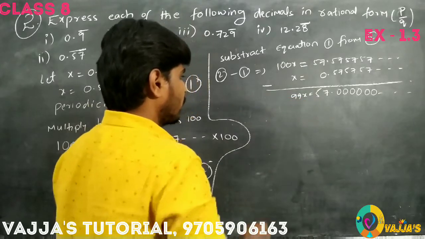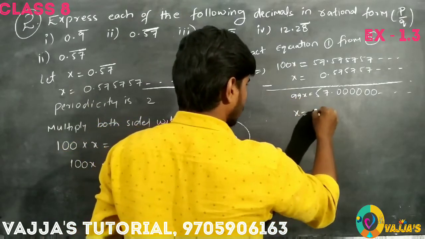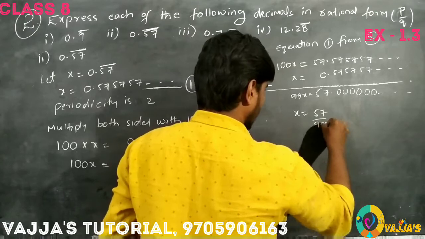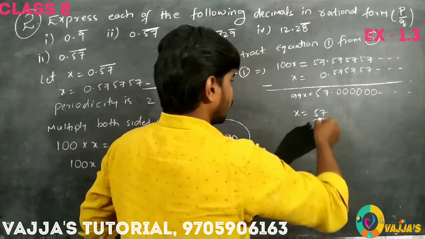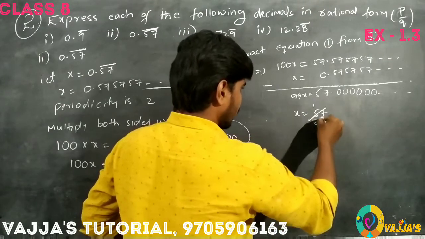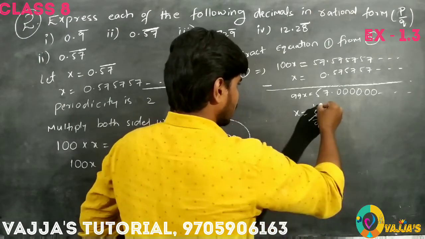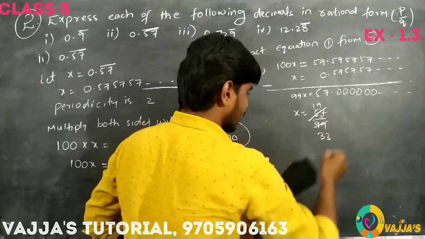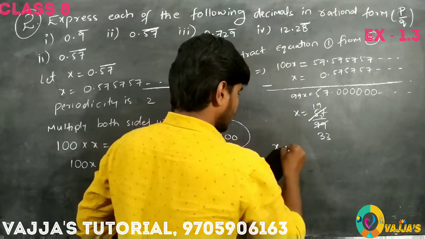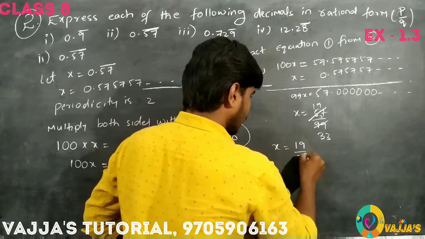What does it become? x is equal to 57 by 99, isn't it? So we are going to cancel here. 3 ones are 3, 2 is remaining here. 3 9s are 27, 3 33s are 99. So x is equal to 19 by 33.